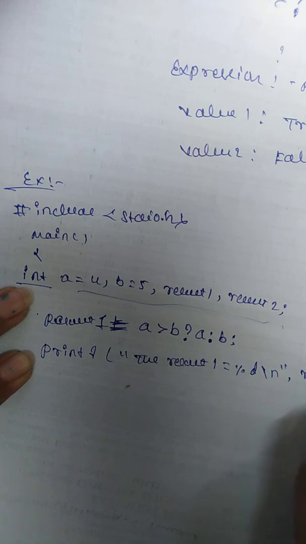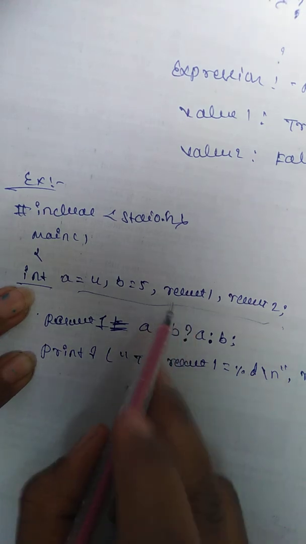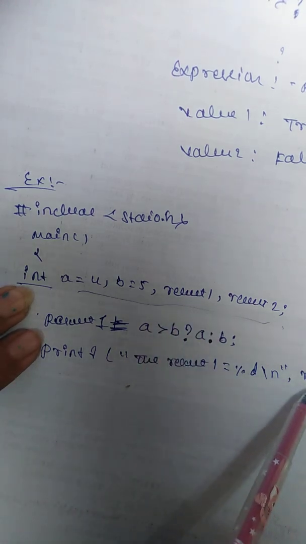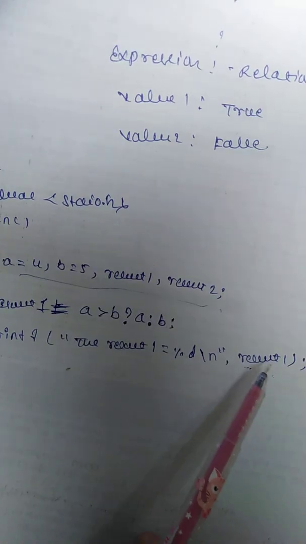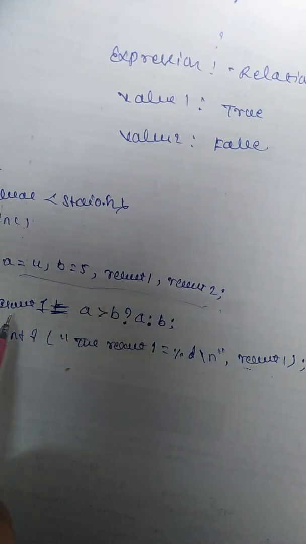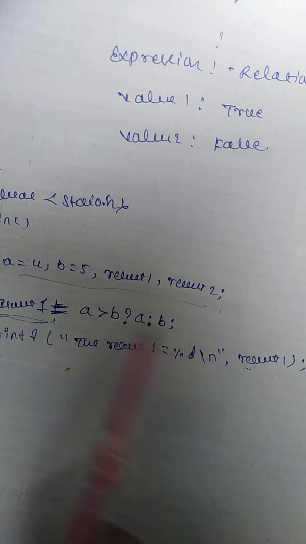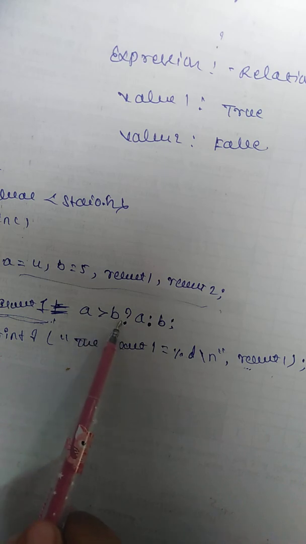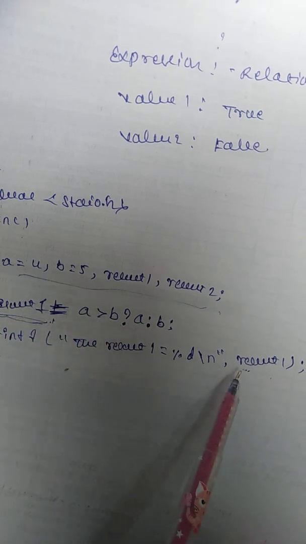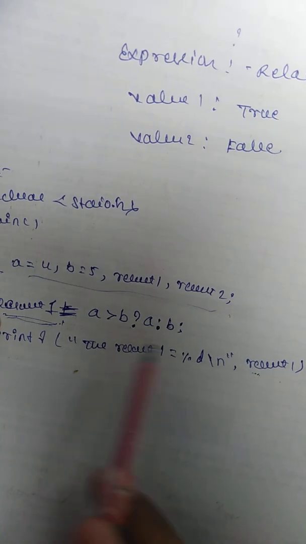Why do I return result 1? Because the operation's result, the a and b value, is represented in the result. So I will take this one.